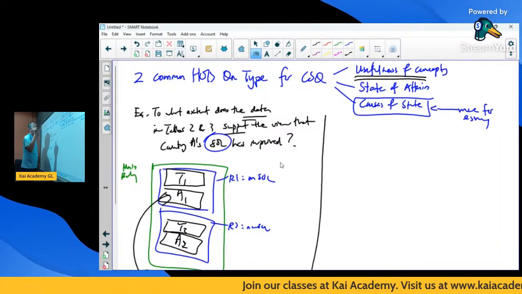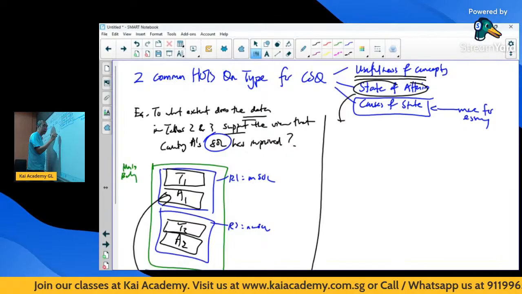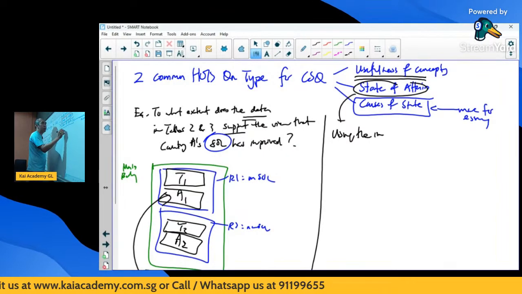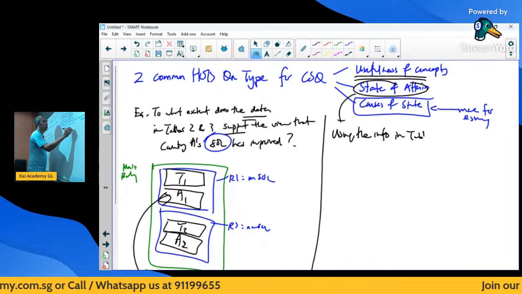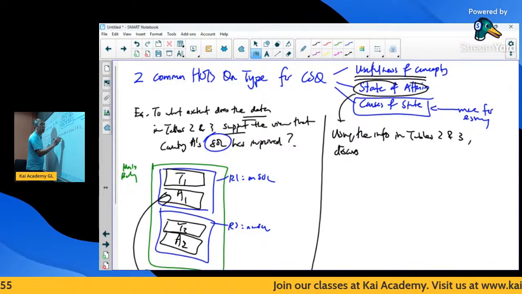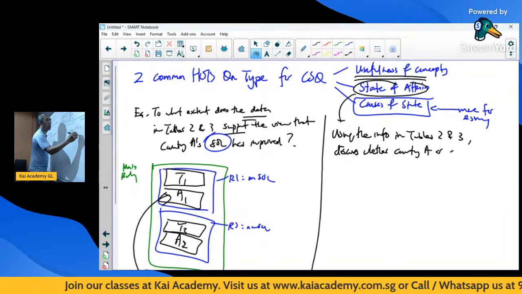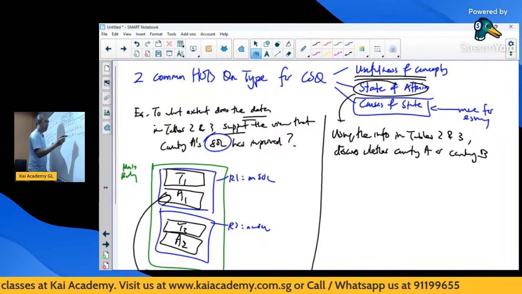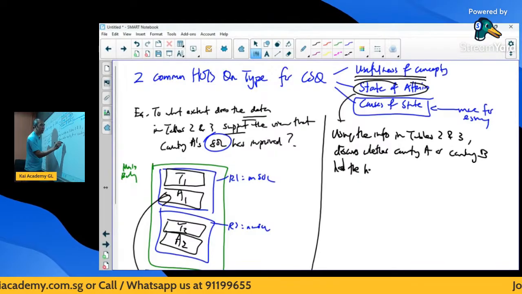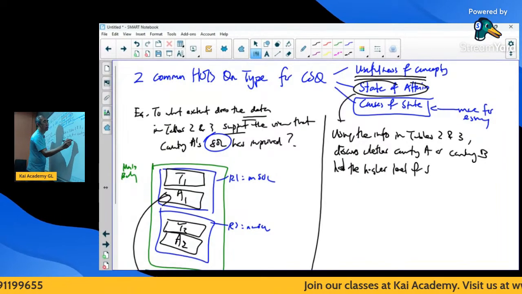Now, state of affairs is different. A state of affairs question will be asking, using the information in tables 2 and 3, discuss whether country A or country B has had the higher level of SOL.